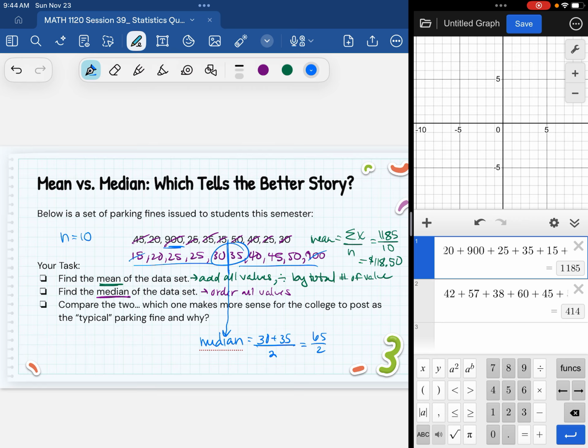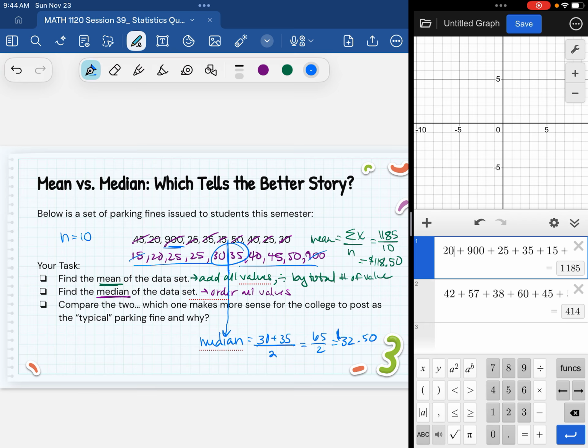So 65 divided by 2 gives us $32.50 for our median. Comparing those two, $118.50 for the mean and $32.50 for the median, which one makes more sense for the college to post as the typical parking fine, and why?